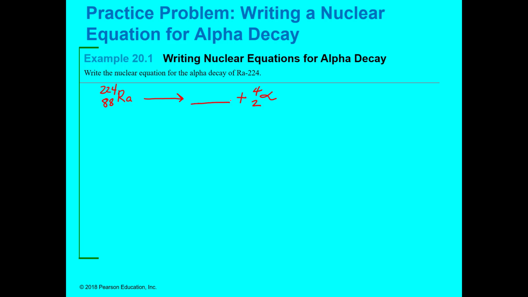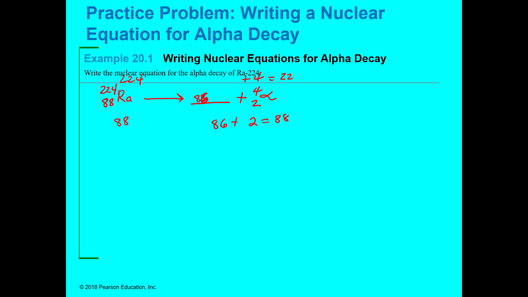So I've got 88 down here. I've already got 2 here. So 2 plus 86 will give me 88. So the bottom number is going to be 86. Then on the top number, I've got 224. Over here I've got 4.